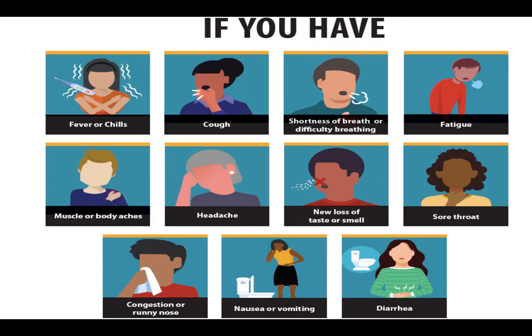As stated earlier, we talked about some of the signs or symptoms of different types of infectious diseases. These are some signs and symptoms currently in terms of COVID, but also can be applicable to other infectious diseases.